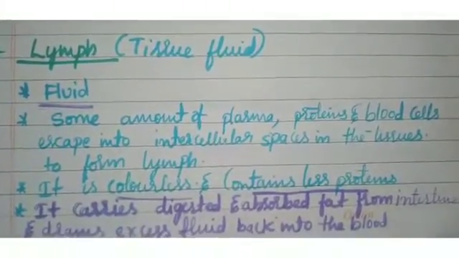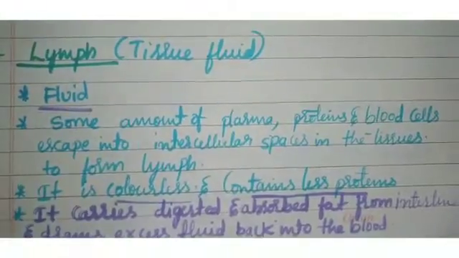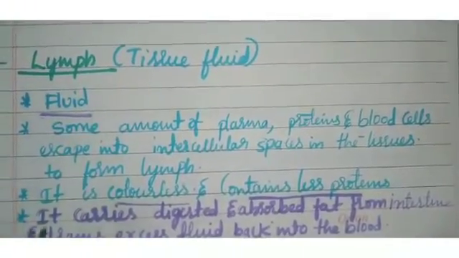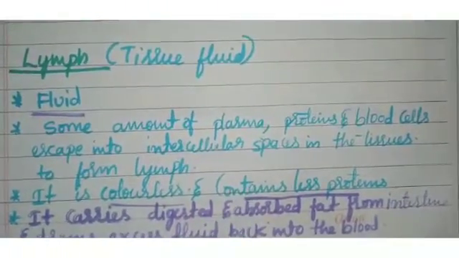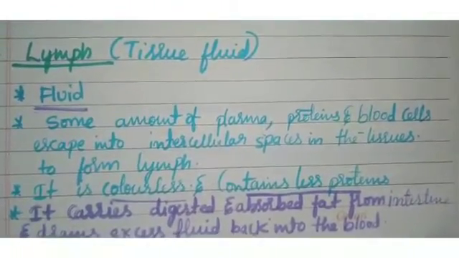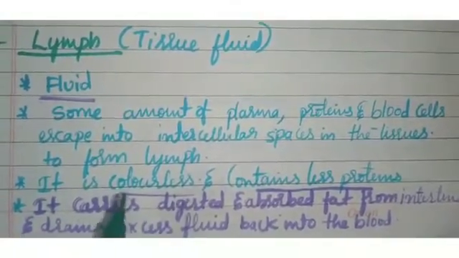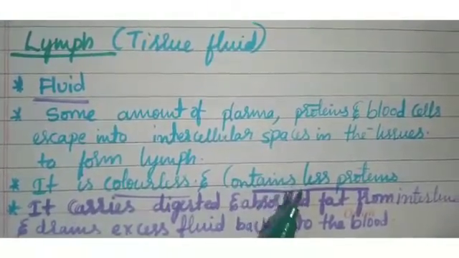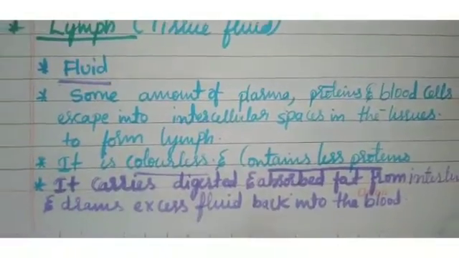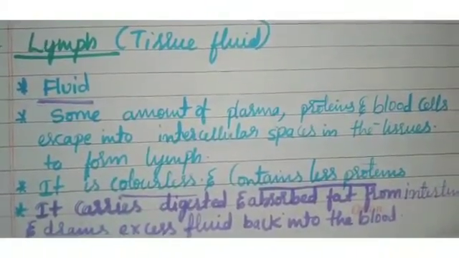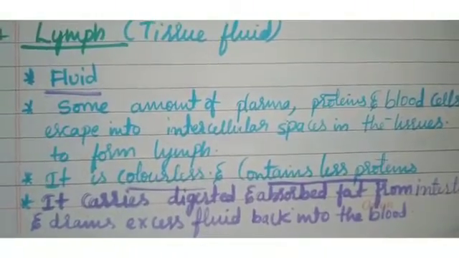The substances that escape from the blood collect in one place, which is called lymph, and it is colorless and contains fewer proteins. It is just like plasma, but colorless with fewer proteins. The lymph drains into the lymphatic capillaries.